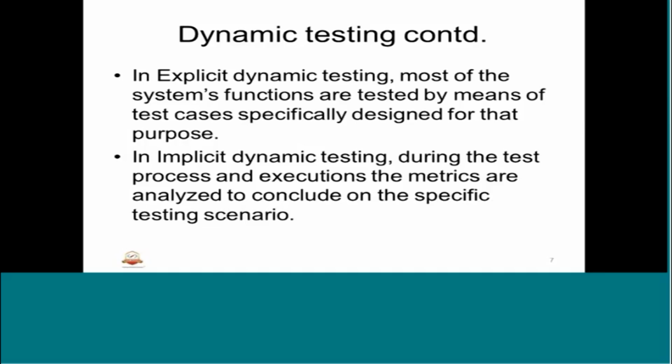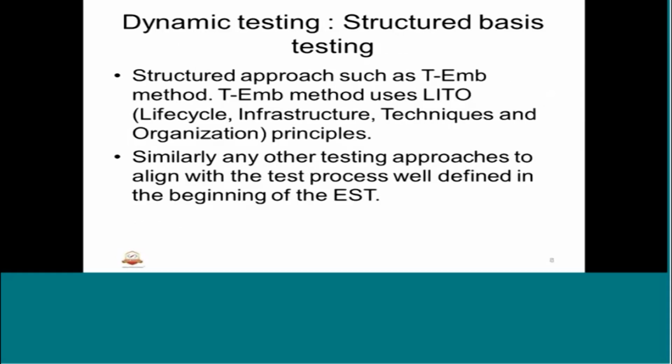That process will help us in understanding or analyzing some more test cases that are all directly or implicitly tested. And structure-based testing for dynamic testing, we had already gone through in Unit 1, that is the PM method, which has a few principles.